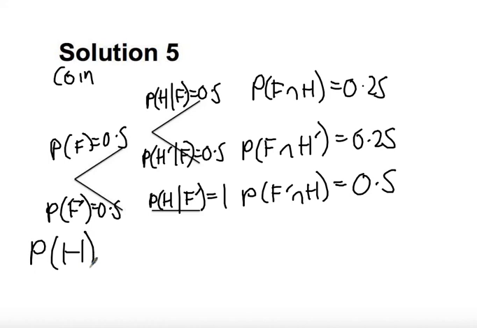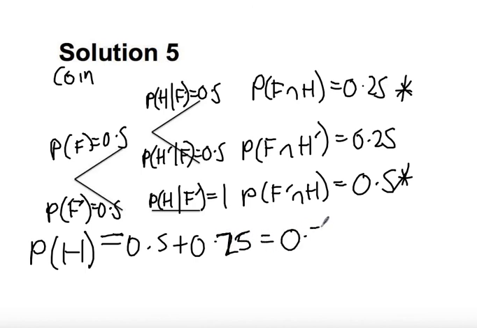All that the tree diagram does really is organise you to make sure you don't miss any outcomes. So probability of getting a head was the top outcome and the bottom outcome, which gives me 0.25 plus 0.5, which comes out as 0.75.